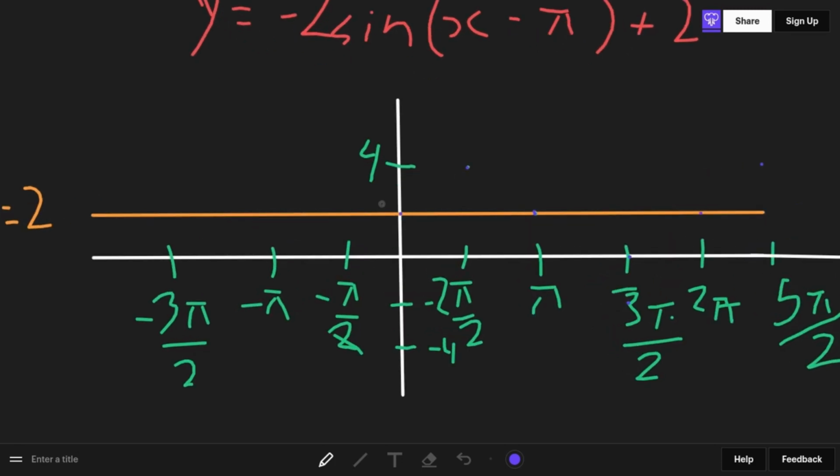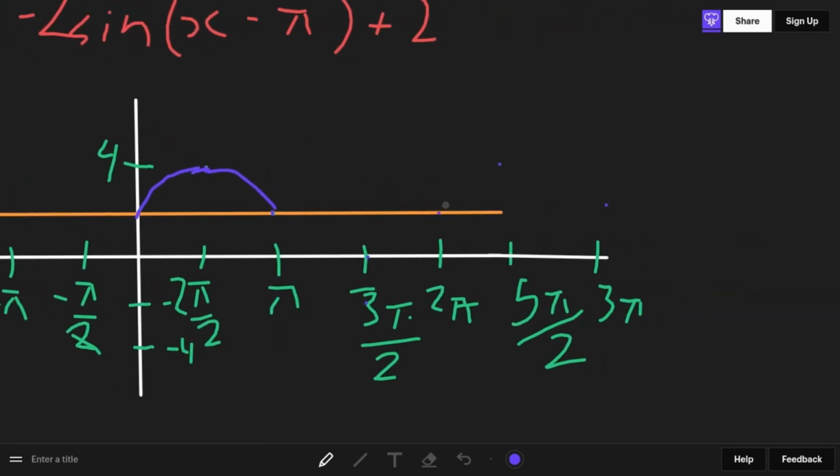So now I'll zoom in a little bit and then it'll look something like this.